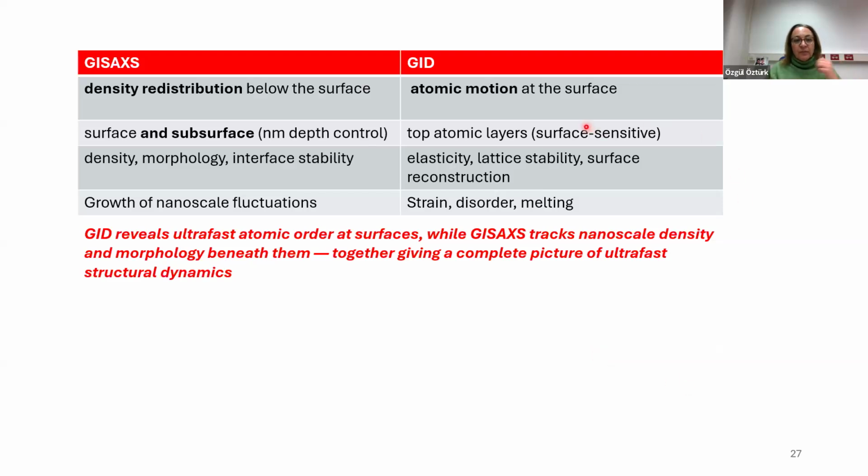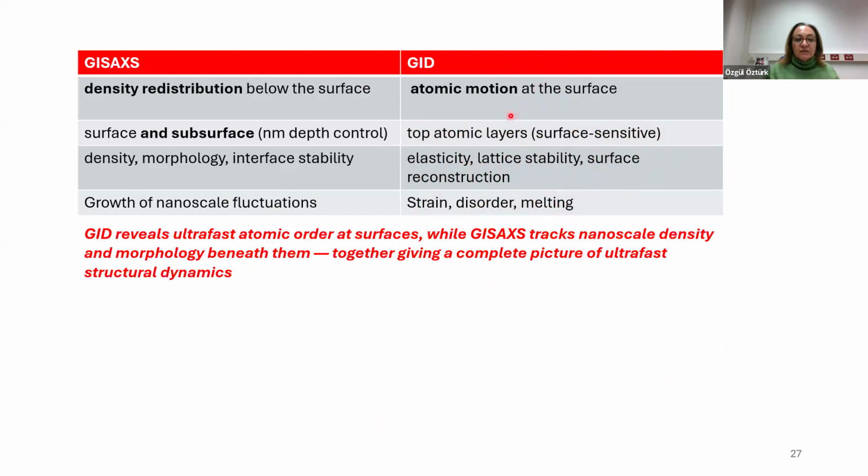On the other hand, with GID, I can see the atomic motion at the surface. I can see the top atomic layers. I am surface sensitive. I can see the elasticity, lattice stability, surface reconstruction, the strain, the disorder, and if there is melting, maybe.